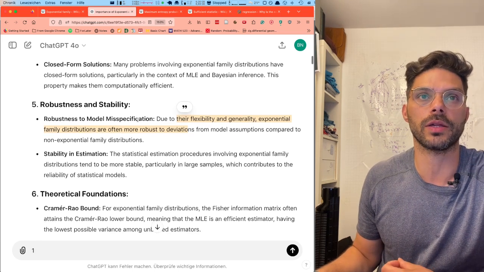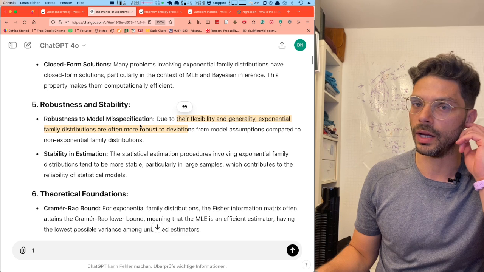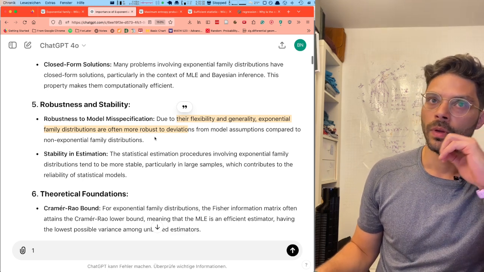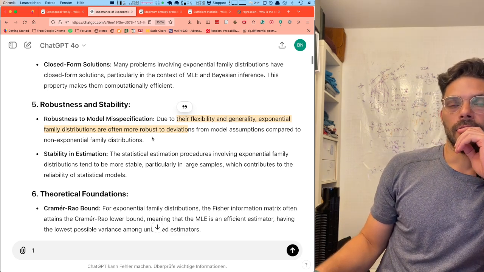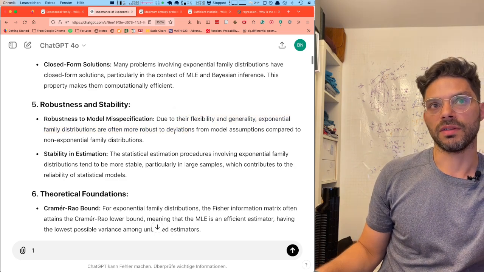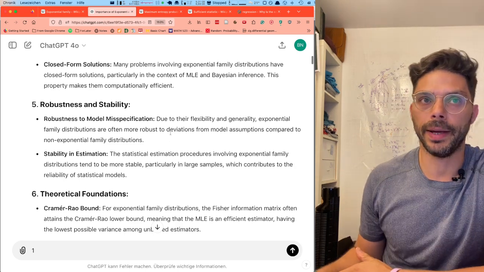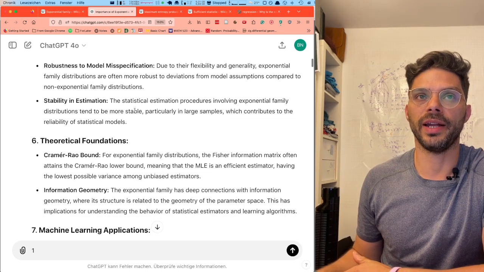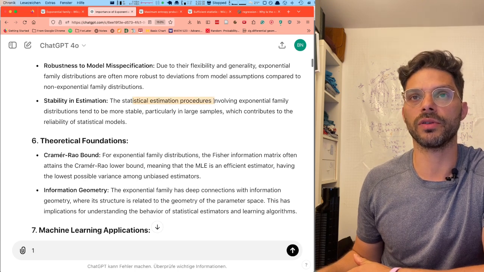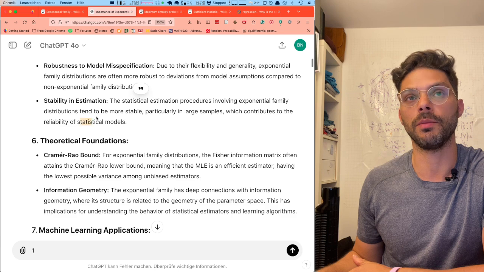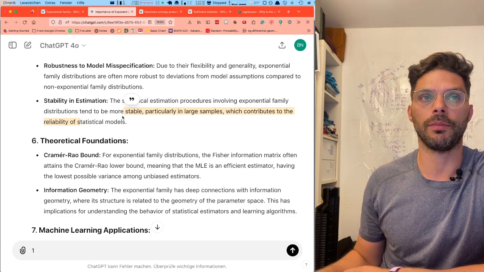And what ChatGPT is saying here is that if you're using an exponential family, then deviations from the assumptions will tend to be less harmful. Okay, and connected to that, the statistical estimation procedures involving exponential family distributions tend to be more stable in large samples.